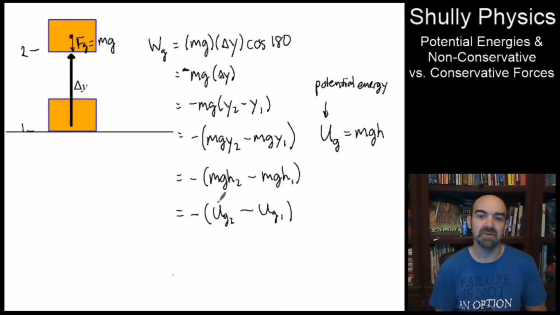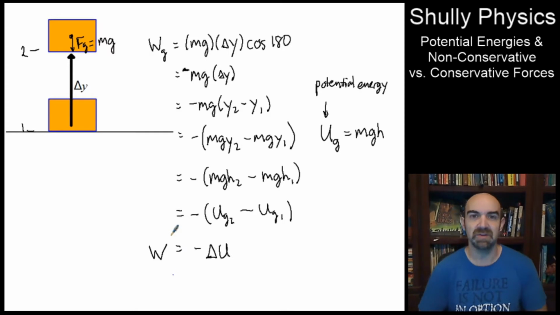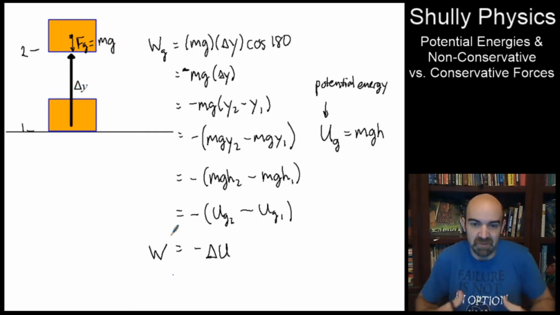And what is a final minus an initial? It's a change. So we get back to a negative change in potential energy. And this would be a gravitational potential energy. But just in general, what we're seeing here is that when work is done by a force like gravity, a force that causes a potential energy, or a force that can store energy.